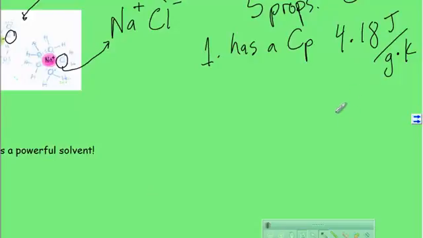Just to compare, a metal like aluminum has a specific heat of 0.9, so pretty low. If you think of specific heat as the resistance to change in temperature, the higher the specific heat, the more energy it takes for the temperature to increase or decrease. All metals are low, right, and so they are very conductive as a result.